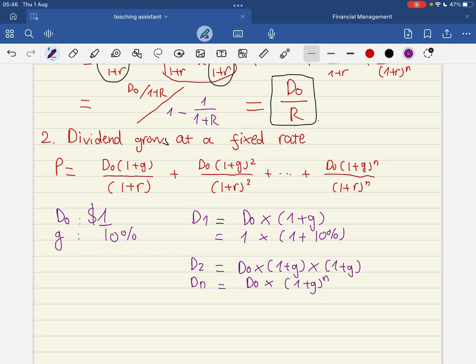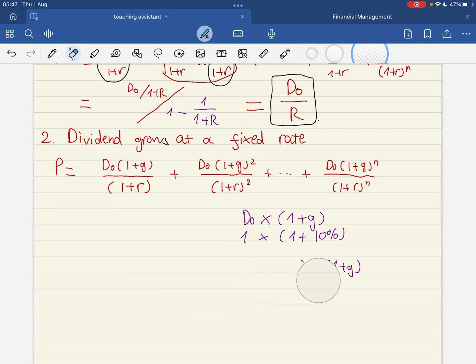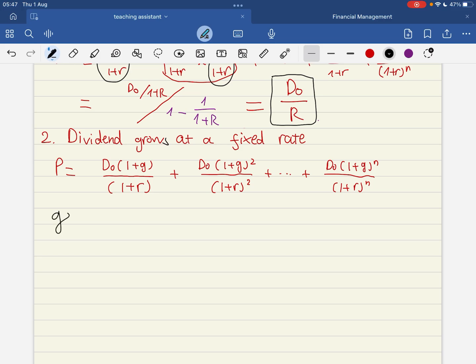So this is the reason why when I first showed you guys this part of the screen, I had already put a formula here, which looks like this. But again, we can see a pattern here. And what pattern am I talking about? Yes, that's right. It's the geometric sum. We see another geometric sum here.